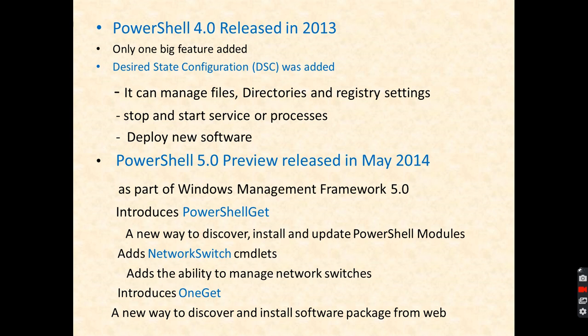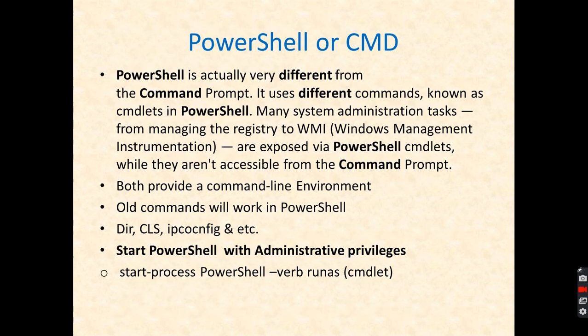If you want to install any Windows Active Directory module, Exchange module, or Citrix module, you can directly download them from Microsoft. It also added network switch cmdlets, the ability to manage network switches. Another new command introduced is OneGet, a new way to discover and install software packages from the web. These were introduced in PowerShell 5.0.